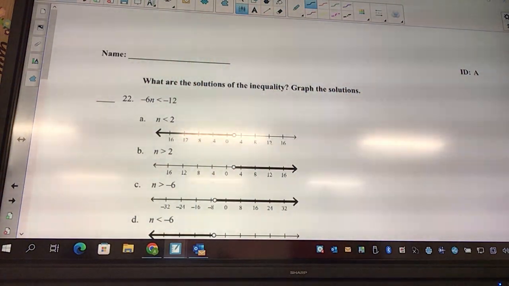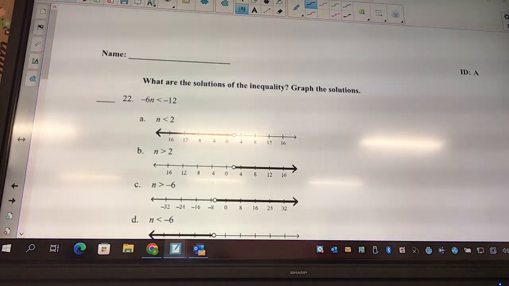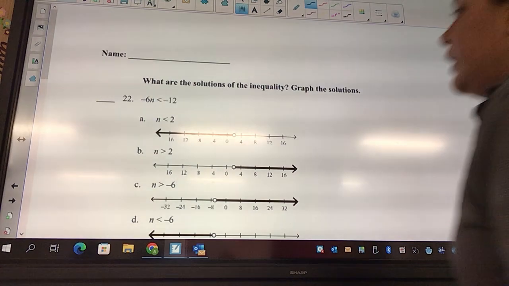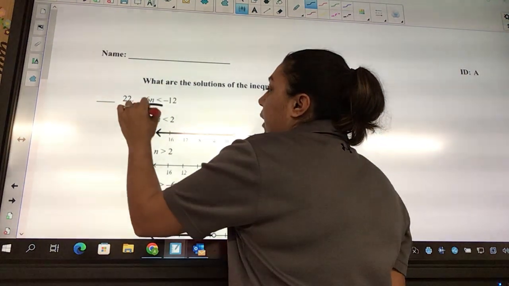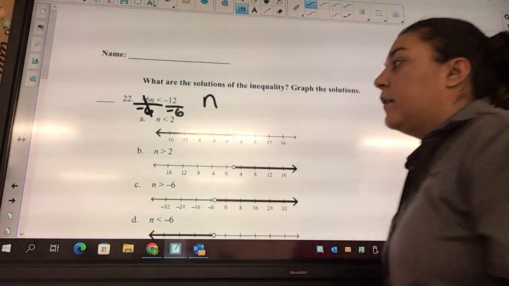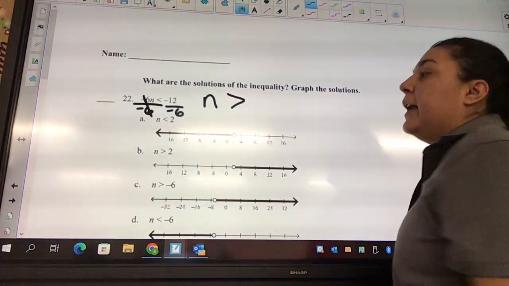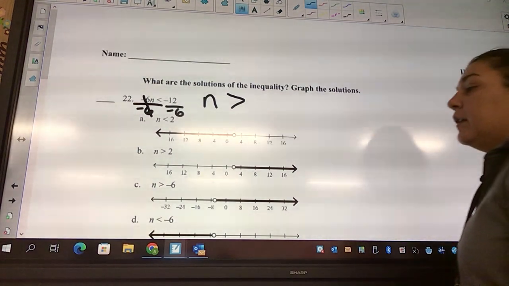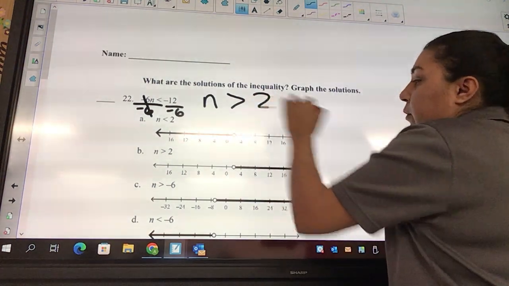Okay, 22. What needs done first? Divide by negative 6. What needs to happen when you divide by a negative? Flip the sign. Negative 12 divided by negative 6 is 2.